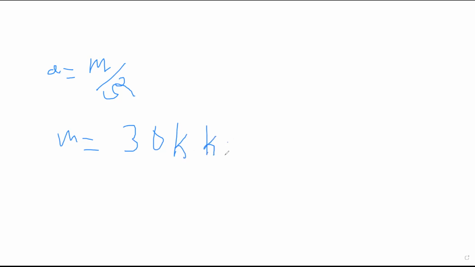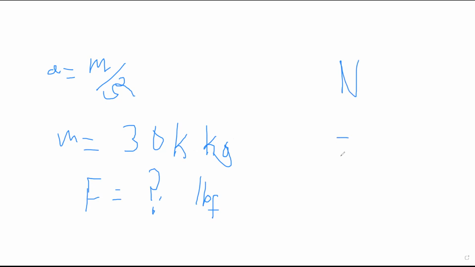So we know the acceleration is in meters per second squared, and we know mass is equal to 30,000 kilograms. He's asking for the force, the thrust force, in units of lbf. In SI units, the unit for force is the Newton.